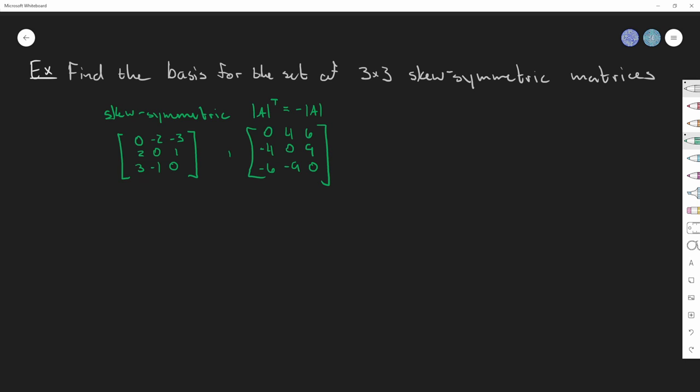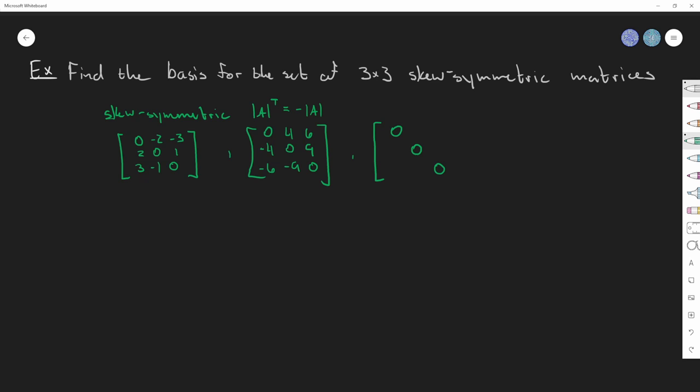As I'm making these examples, there are a couple of things you probably noticed right away. The first is that the main diagonal is all zeros. And then the bottom left portion will be pretty much any number.